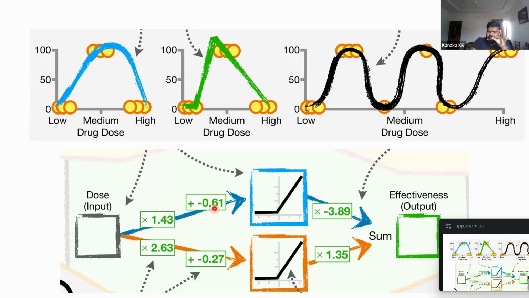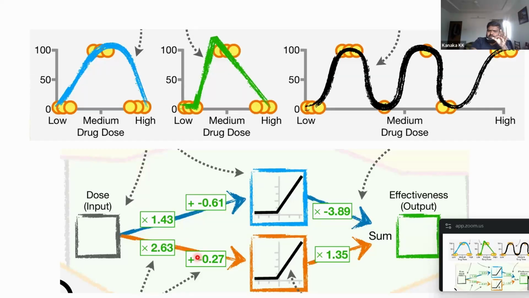This is one path: from the input it connects to the blue hidden layer, which has an activation function. Then there is another path, the orange path, which represents another neuron. You can consider the orange one as one perceptron and the blue one as another perceptron.